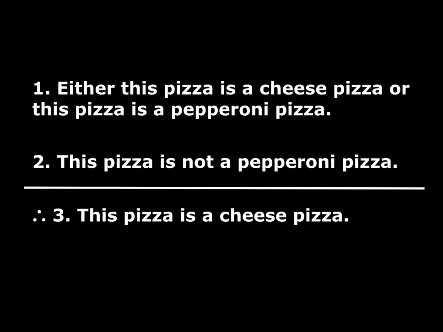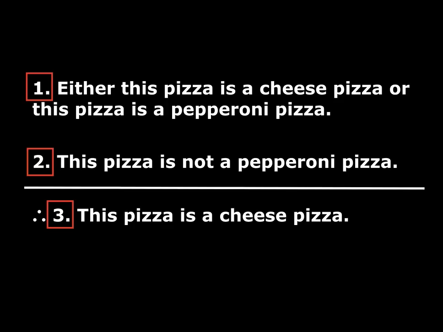So with the pizza argument, this is a representation of that piece of reasoning that the kid was going through at LAX. There were two premises that I've numbered here, 1 and 2. Either the pizza is a cheese pizza or it's a pepperoni pizza. It's not a pepperoni pizza, therefore it's a cheese pizza. Now you'll see I've done a few things here in addition to just represent these things as statements.